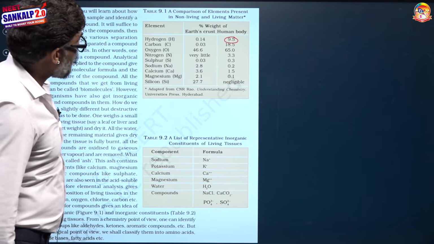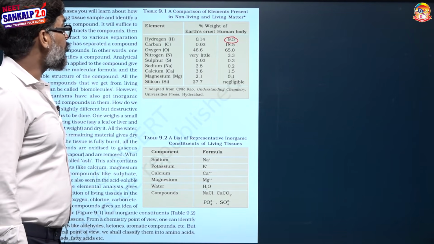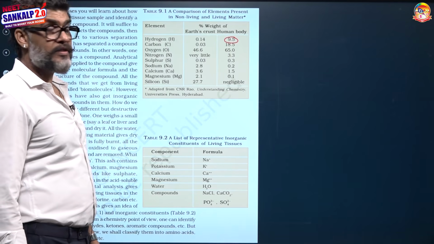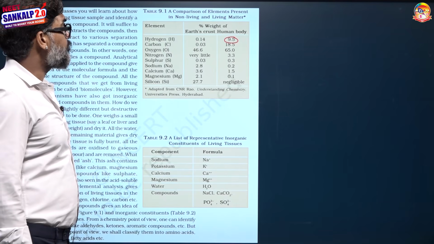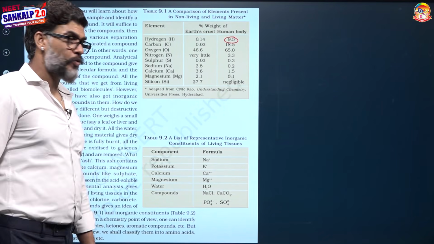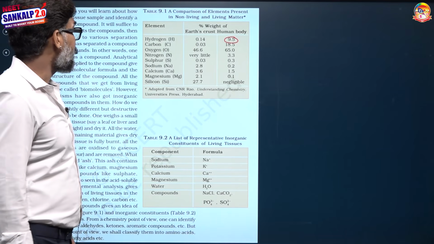Carbon is 0.03% while 18.5% in the human body. Oxygen is 46.6% in the earth's crust while 65% in the human body. Nitrogen is very little, 3.3%. Sulfur is 0.03% there, 0.3% in the body. Then sodium, calcium, magnesium and silicon.